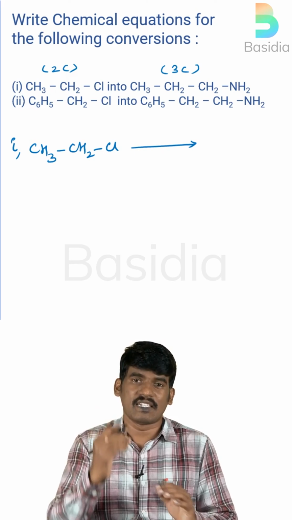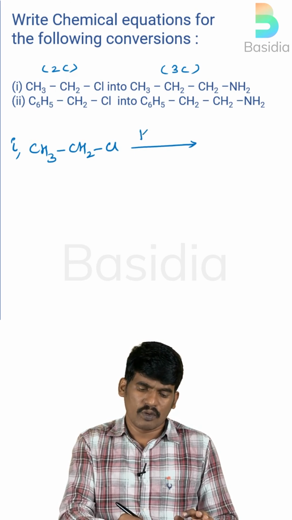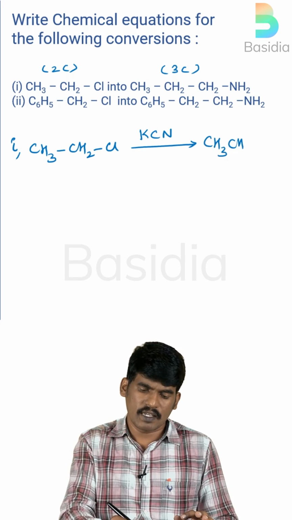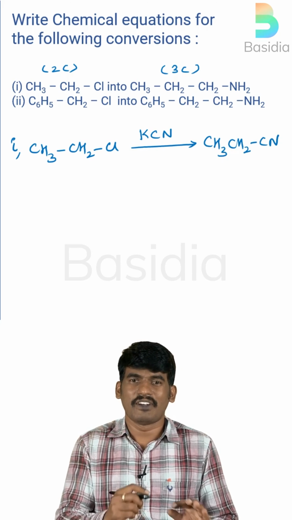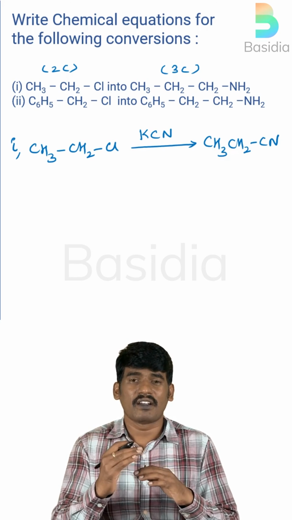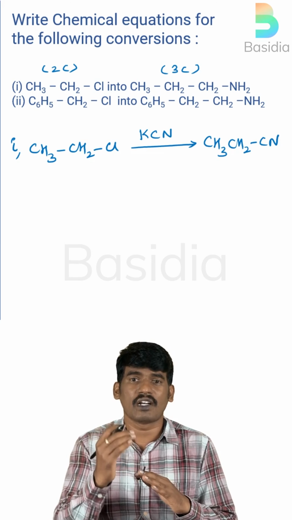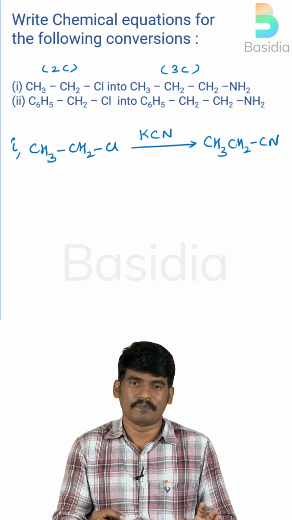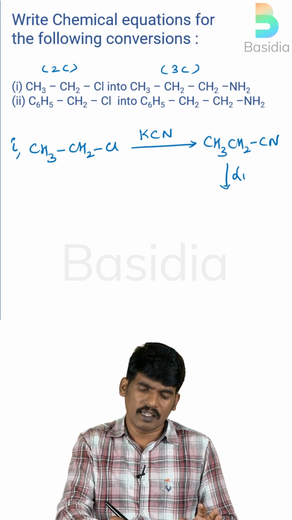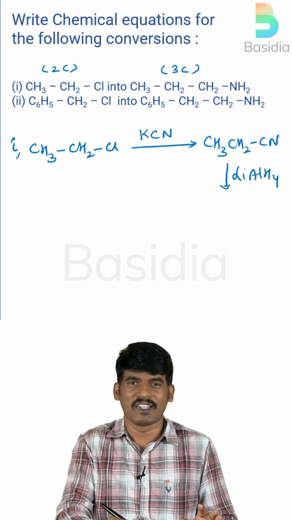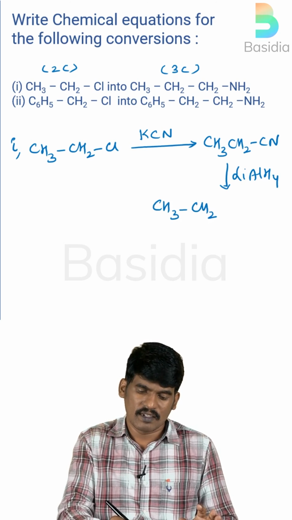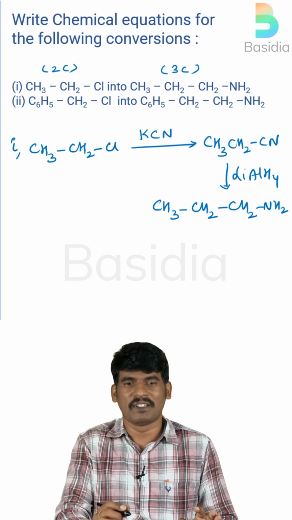Carbon number is increasing, so it should be treated with KCN, and then you get CH3CH2CN. I have introduced one more carbon. Whenever there is a need of introducing a carbon, potassium cyanide plays a key role. Treat it with lithium aluminium hydride, reduction of nitriles, which we discussed in the previous session. So you get CH3CH2CH2NH2. This is called a primary amine.